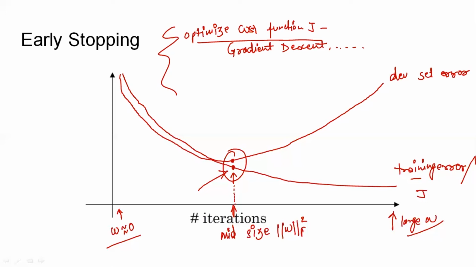So first we are optimizing our cost function j, and then we are seeing whether the algorithm is overfitting to our data set or not. Then we are looking at the problem of overfitting separately. So how do we deal with these problems of overfitting?